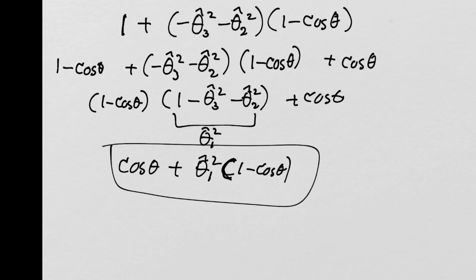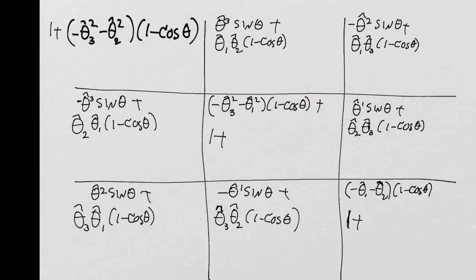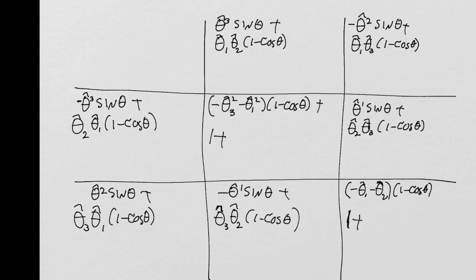And this is the form that Gilmore uses. So I could go back here and make that replacement right here. Let me just get back into the regular thickness of my pen.